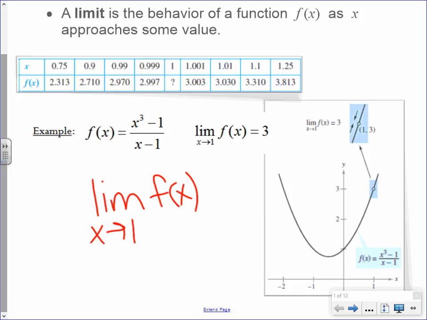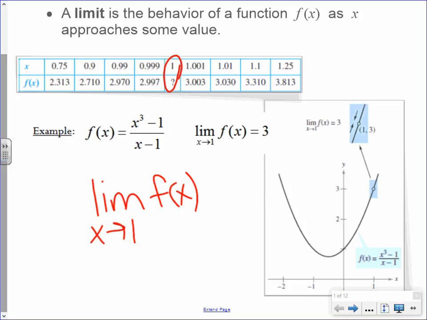That means we're looking at the y behavior as we approach x equals 1. So what I want you to do is look at this table. What's happening to our y values the closer we get to x equals 1? What are they getting close to? They're getting close to 3.